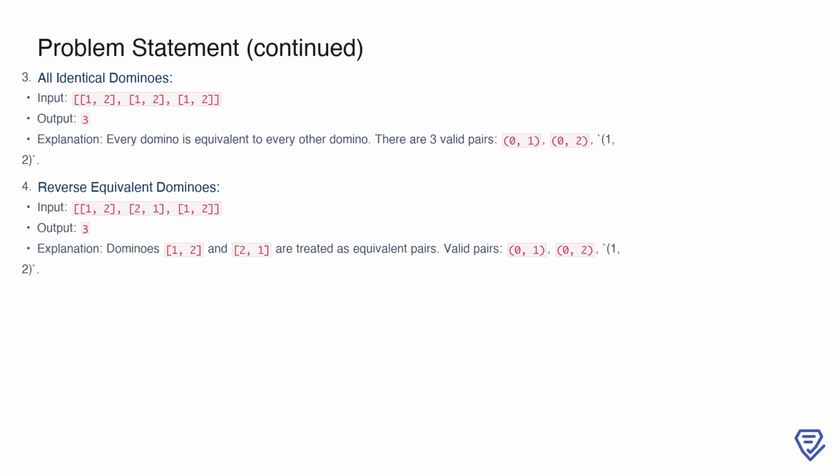Another interesting case is when the dominoes are reverse equivalent, such as 1, 2, 2, 1, 1, 2. Here, domino 1, 2, and 2, 1 are equivalent, and the valid pairs are 0, 1, 0, 2, and 1, 2, resulting in an output of 3. These examples highlight the importance of considering both the order and the reversal of values when determining equivalence.